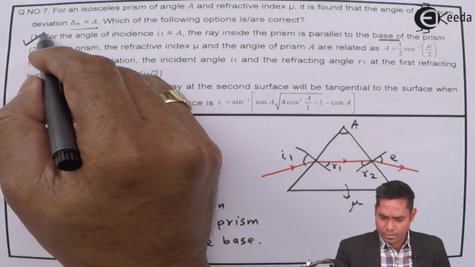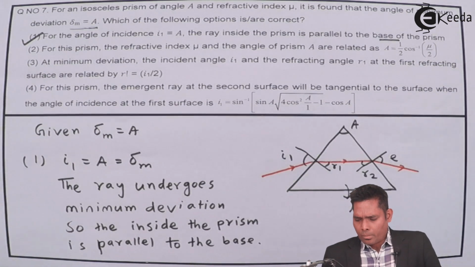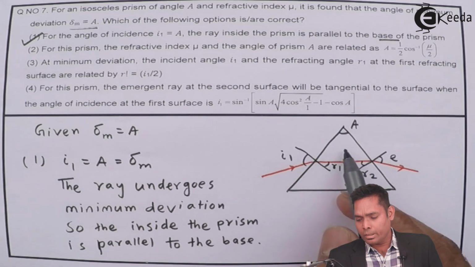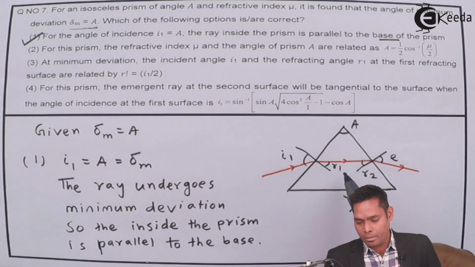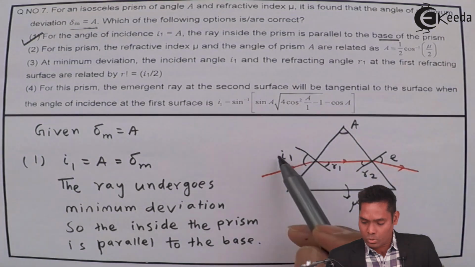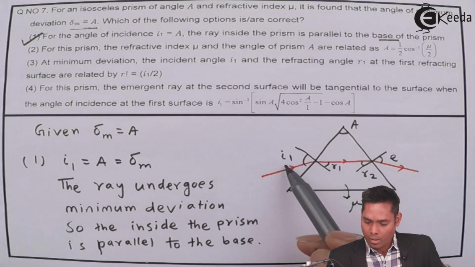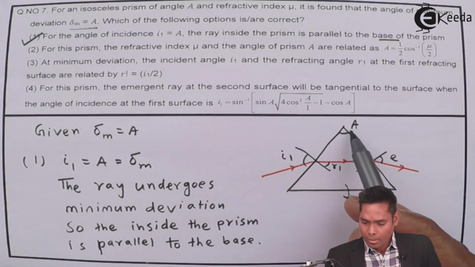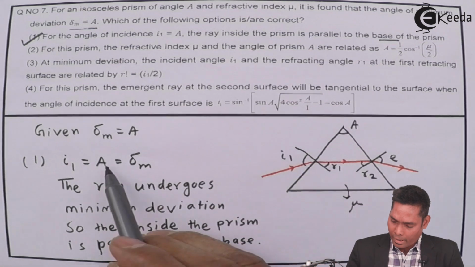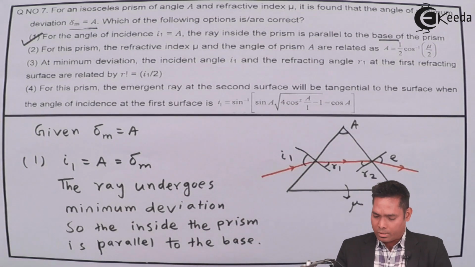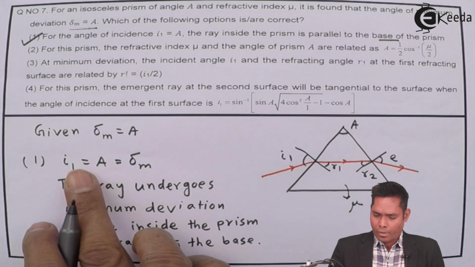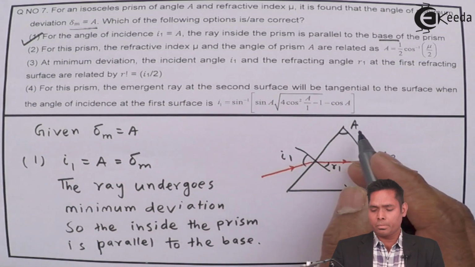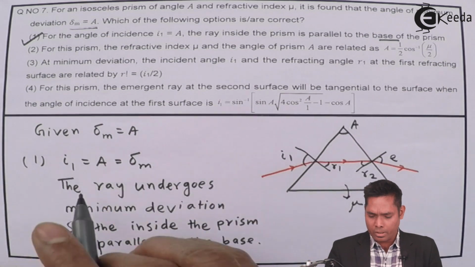So this one is correct, because whenever the ray is undergoing minimum deviation, it becomes parallel. As shown, I1 equals A, and A is delta m, which is known to us. If the angle of incidence is equal to the angle of prism, we know that it always undergoes minimum deviation, so the ray will be parallel. That is okay, that is a theoretical question.